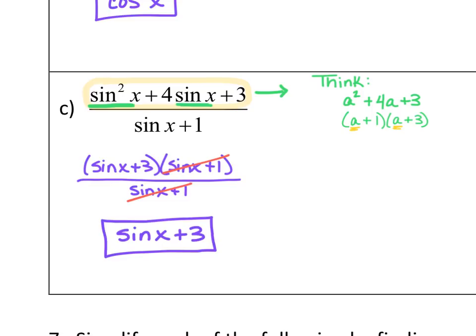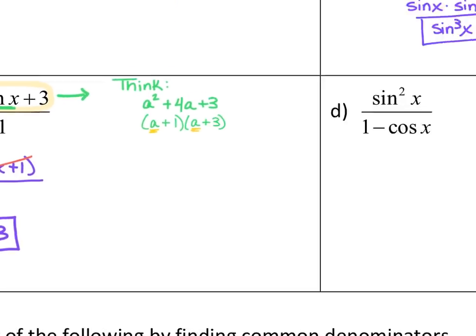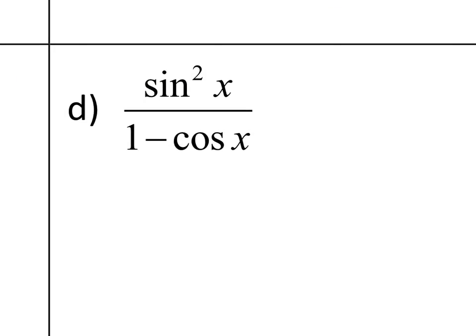Now, this next problem has a little bit of a twist to it. And the first thing that I'll point out is that there's nothing here that can be factored. And I put this problem in the factoring section. Therefore, at some point during this problem, you're going to need to be able to factor something.